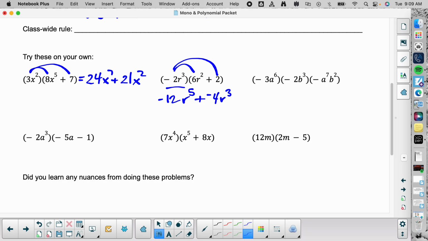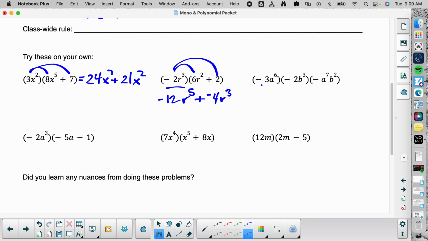This one's different because you guys are in the section with distributing. You're not supposed to take this first one times each of those other, oh, it's just like, yeah. There is no addition or subtraction up here. So there isn't like separate terms to distribute it to. This one is like the previous page where you're just gonna multiply everything together all at once because there's no addition or subtraction.